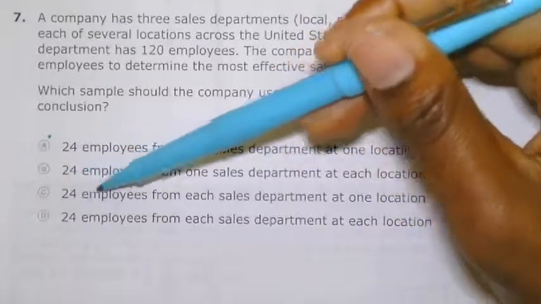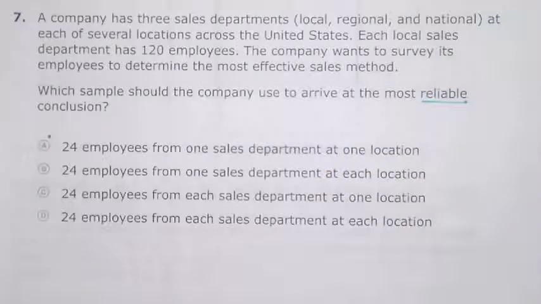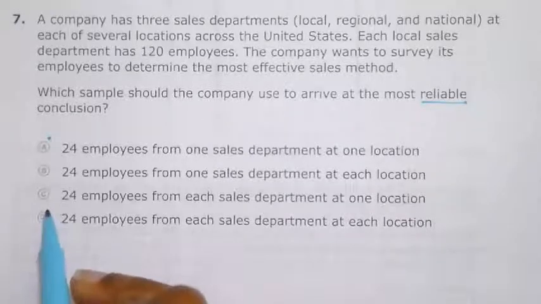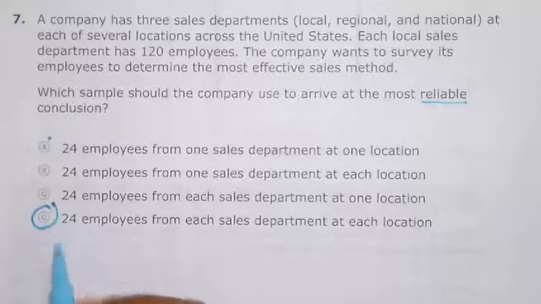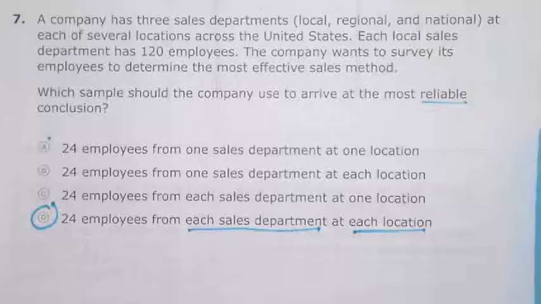C says 24 employees from each sales department at one location. And option D says 24 employees from each sales department at each location. So the one that would be more reliable would be our answer D, because you're getting it from each sales department, from each location, so that one would be the most reliable one.